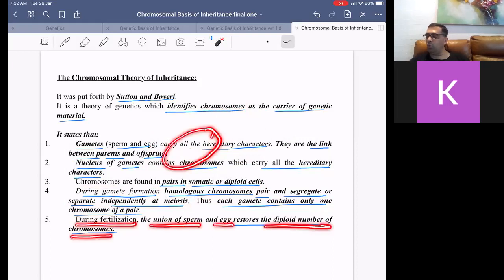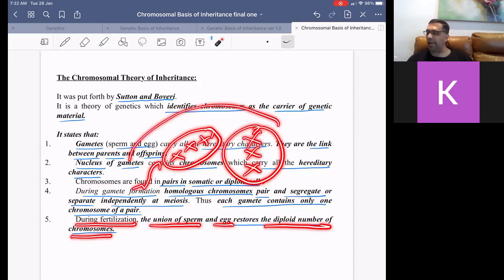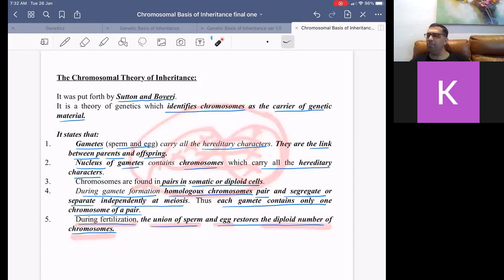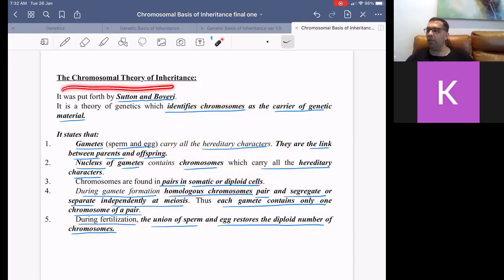Sperm के अंदर chromosomes है, egg के अंदर chromosomes है, and when the two fuse together, zygote will now have pairs of chromosomes which restores the original diploid number of chromosomes. This was a simple theory called as the chromosomal theory of inheritance put forward by Sutton and Boveri.